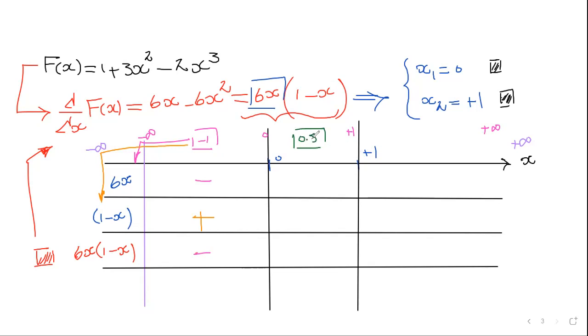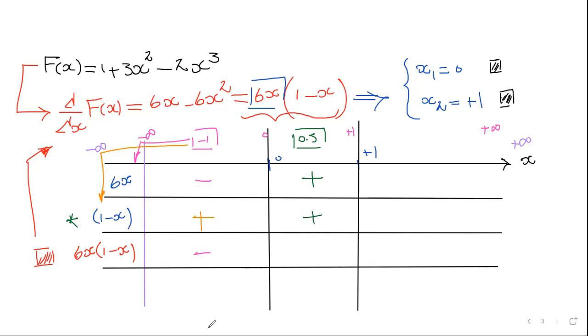If I put 0.5 into the first function, it becomes 6 times 0.5, which is positive 3. We do not check the magnitude of the number, but as long as this is positive, that's all that we care about, which means that it is positive in this interval. The same thing, I put 0.5 into the second function, which becomes 1 minus 0.5, which gives you 0.5, which means this is again going to be positive.